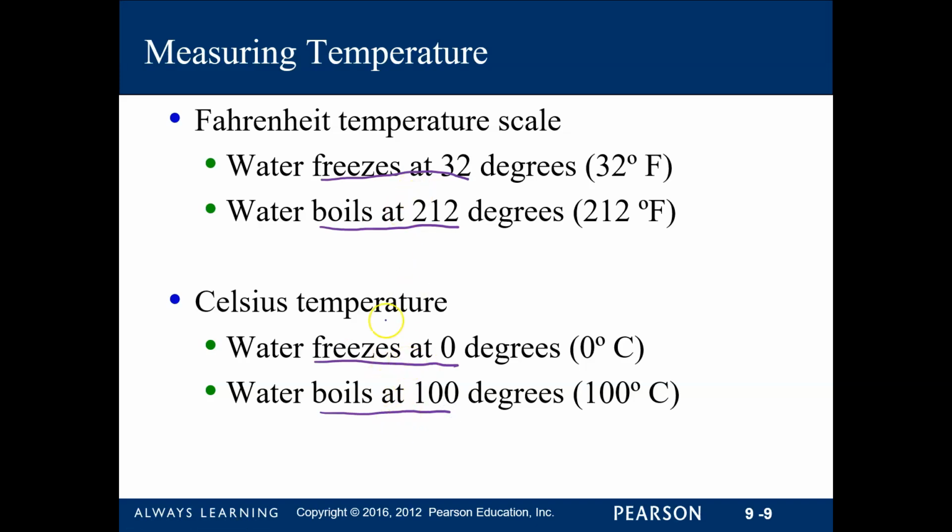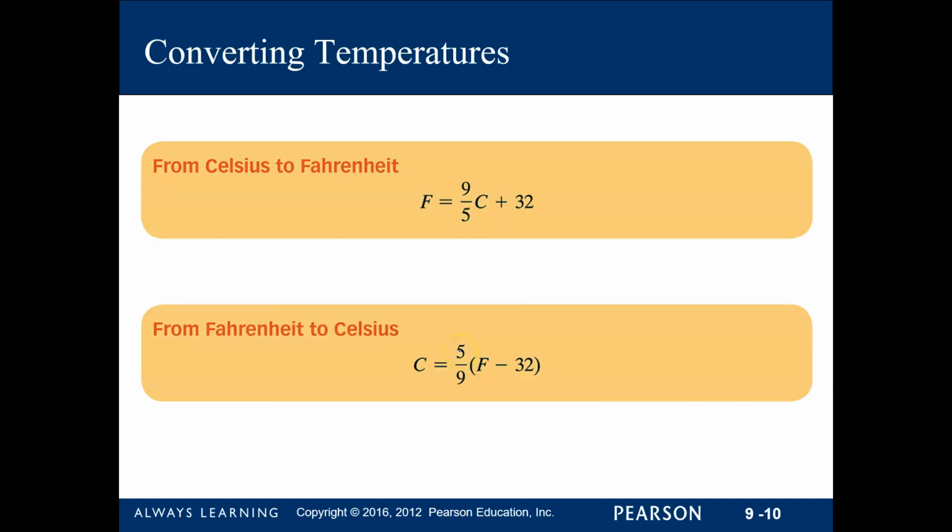It's because of these two distinct characteristics that scientists were able to figure out a pattern on how they can convert one unit to the other. And so here is that formula. If you are given a measurement in Celsius and you have to change it to Fahrenheit, what you need to do is multiply 9/5 to the measurement of Celsius.